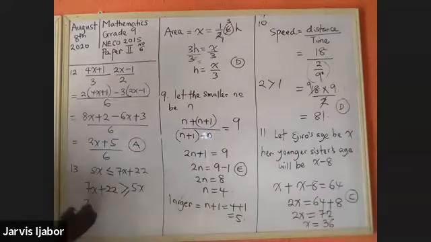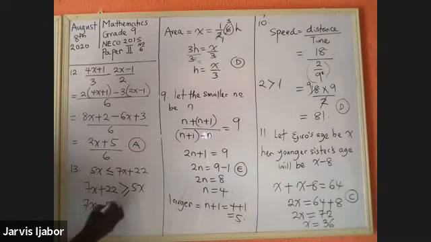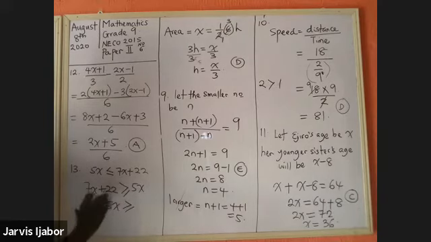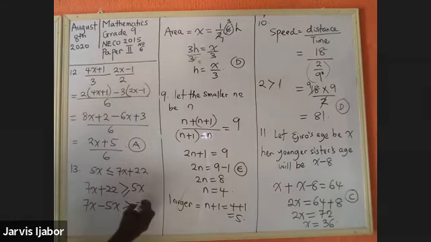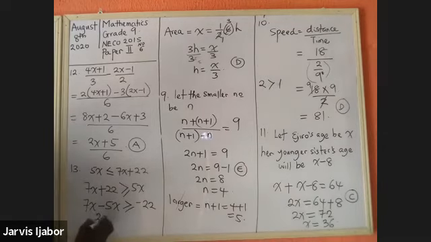So this will now be 7x minus 5x greater than or equal to, the right thing to do is to subtract 22 from both sides. So this becomes negative 22. And that 2x will now be greater than or equal to minus 22, meaning that x will be greater than or equal to negative 11.